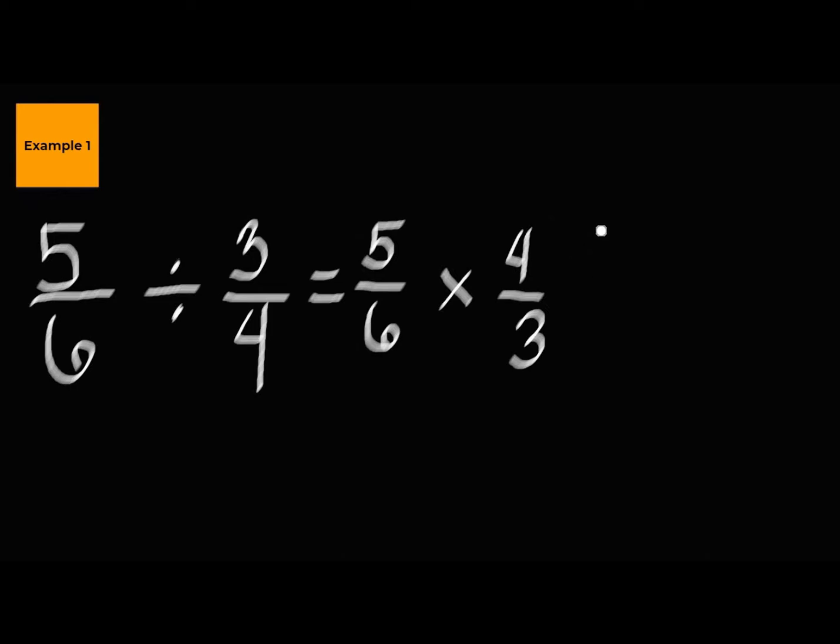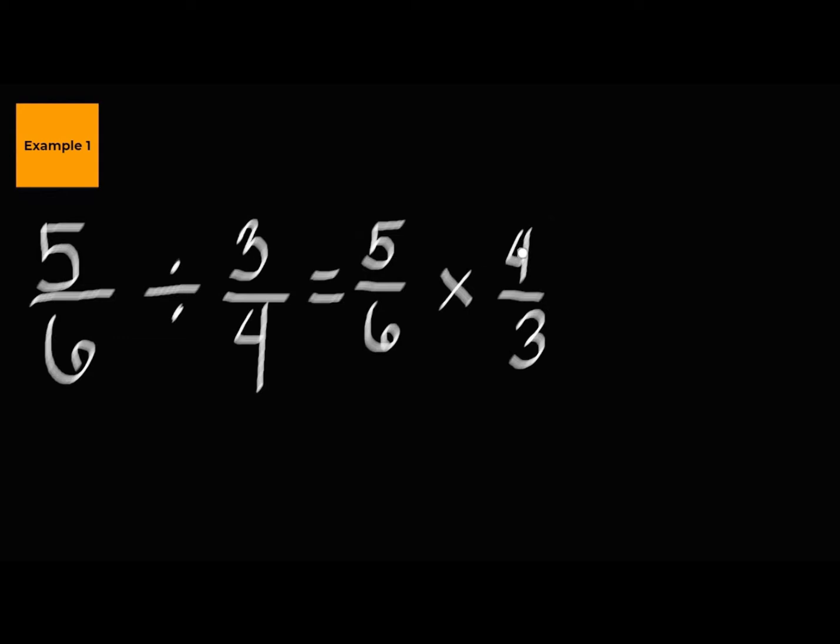Then we can multiply. In this example, we can apply the cancellation method explained to you in the previous video. We can pair out 4 and 6 because they have a common factor of 2.